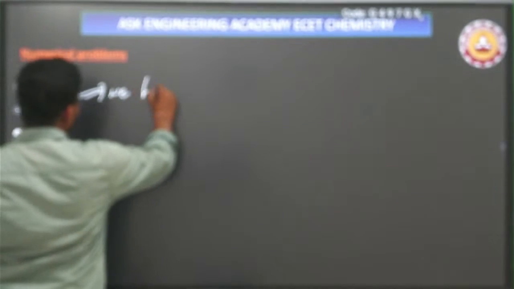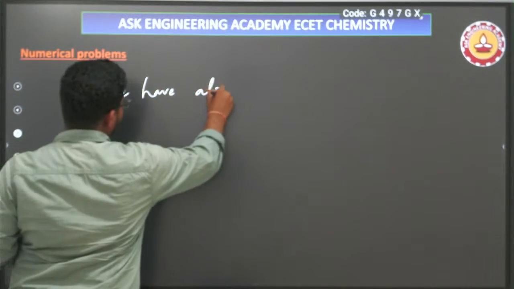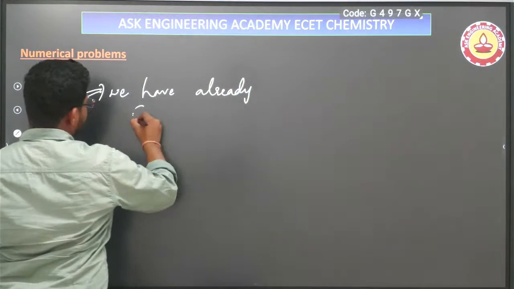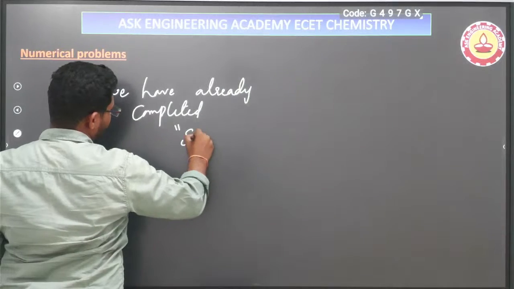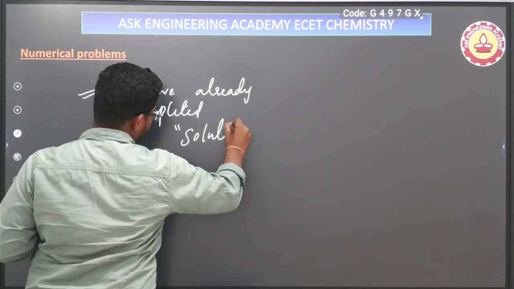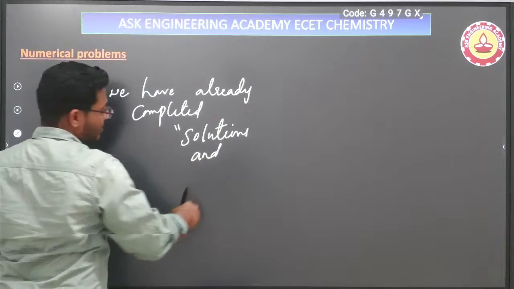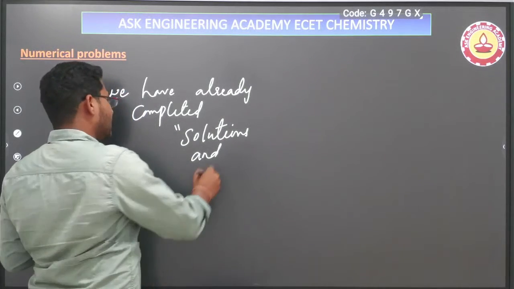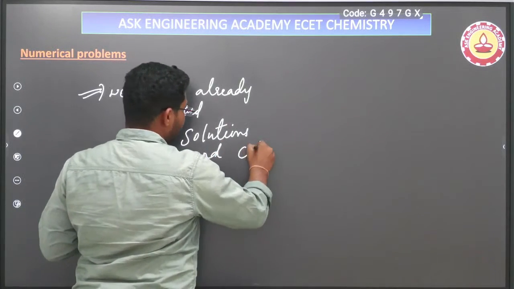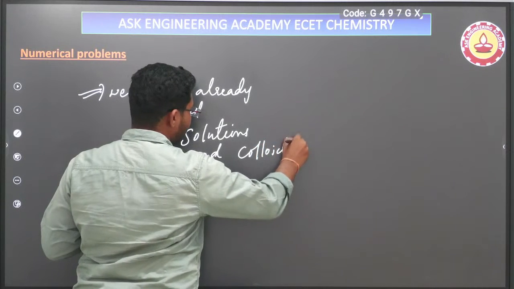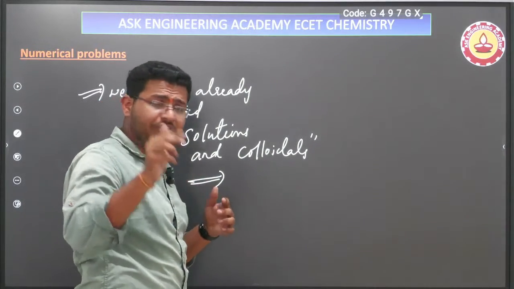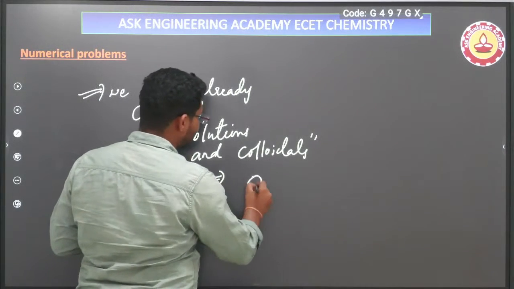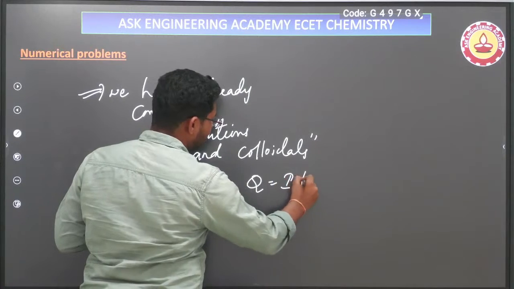The numerical problems we have already completed in the chapter solutions and colloids, which is taught by me. Go through solutions and colloids. In that, according to Faraday's first law of electrolysis, one problem is explained, with the equation Q = IT.